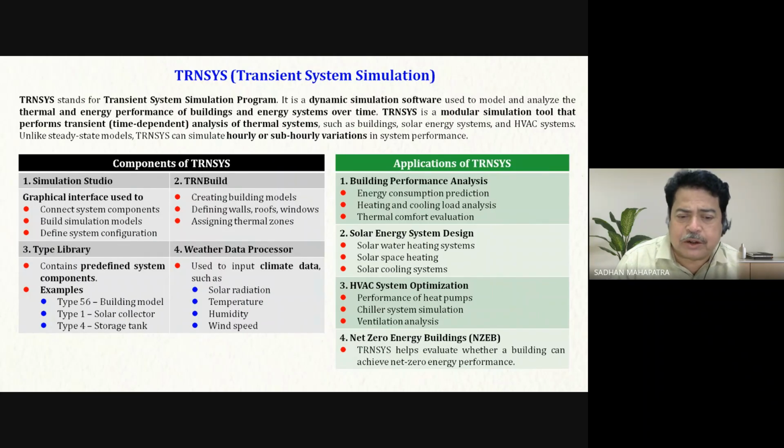Weather data processor uses the input climatic data such as solar radiation, temperature, humidity, and wind speed. This is basically used for building performance analysis, solar energy systems design, HVAC systems optimization, and at the end, net zero energy building design.